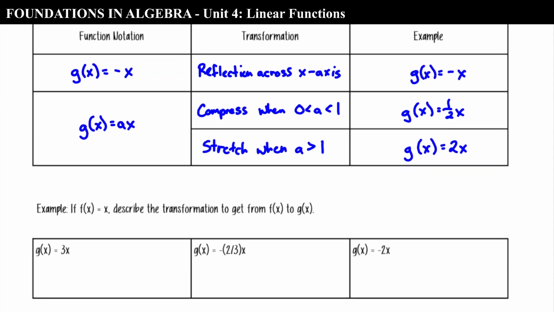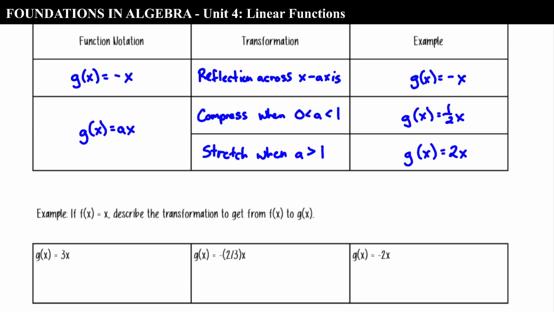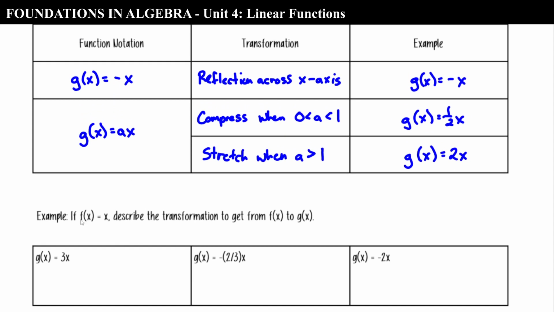Okay, so let's do some examples using these. So here, 3x, we have a stretch by 3. For negative 2/3 x, the negative tells us that we reflect, and the 2/3 tells us we compress by a factor of 2/3.